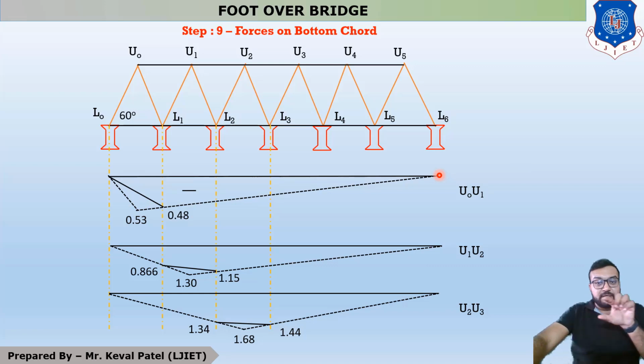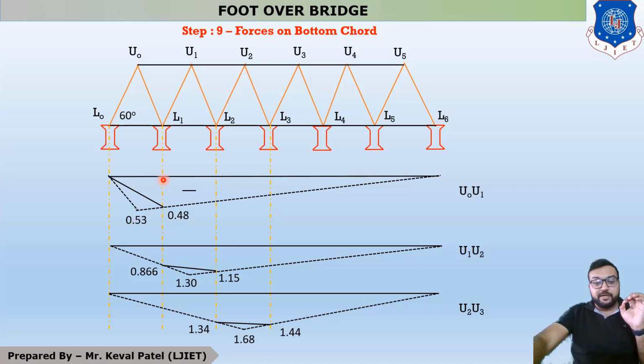With the increase in length, the value of the influence line diagram increases linearly. From the right-hand side, the distance at this point is 16.5, and for 16.5 the value is 0.53.